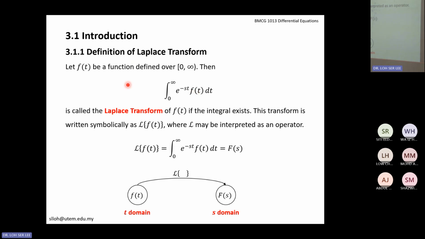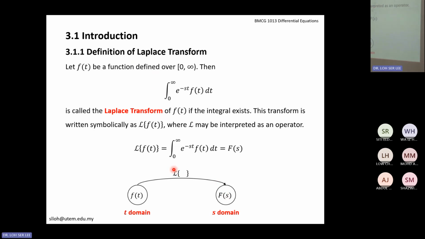This transform changes the domain from the T domain into the S domain. Initially f(t) is in the T domain, so after the Laplace transform, it will be transformed into the S domain.